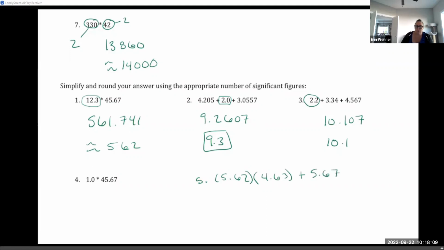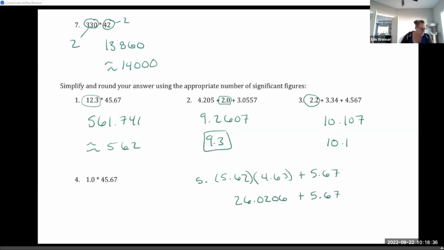Why this is important is that we are now using 2 different operator rules, meaning we're going to have to use rules of multiplication and division and rules of addition and subtraction. So multiplying first, 5.62 times 4.63 gives us 26.0206. And we're going to say plus 5.67.